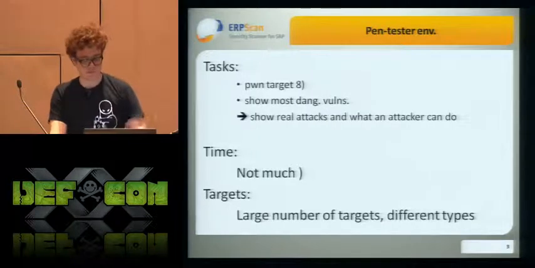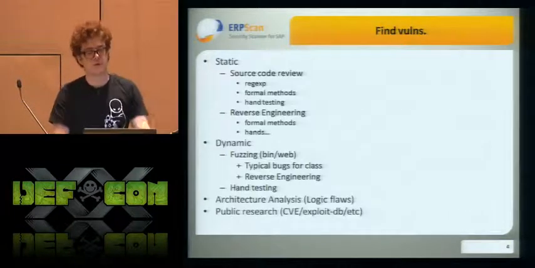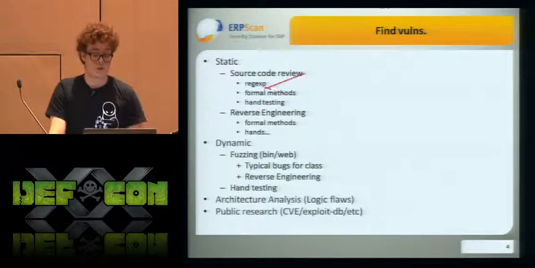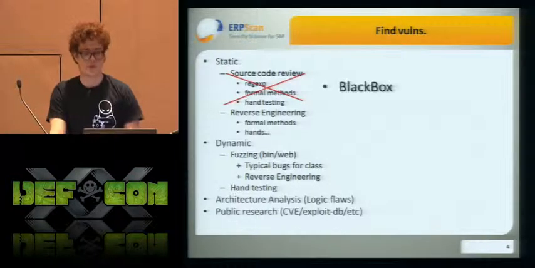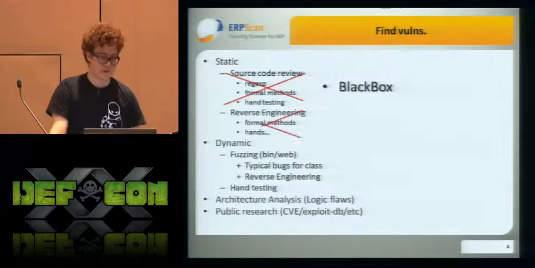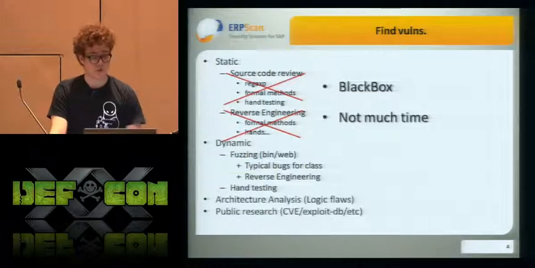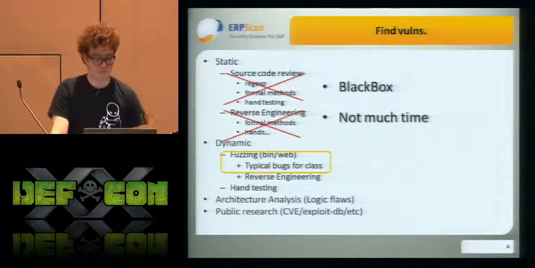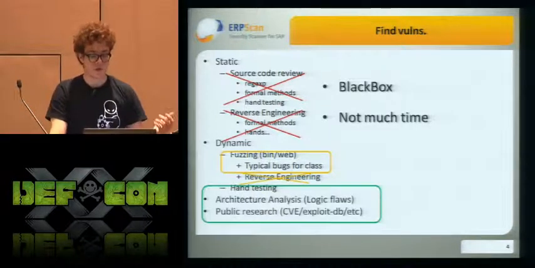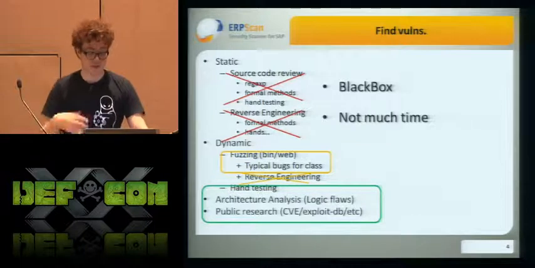It's limited, so we can't use all bug hunting methods like source code review, because it takes a lot of time and requires reverse engineering. For the same reason we can use only a little fuzzing if we have a web or binary target. Anyway, usually we can look for logic flaws, search for bugs, and use public research.